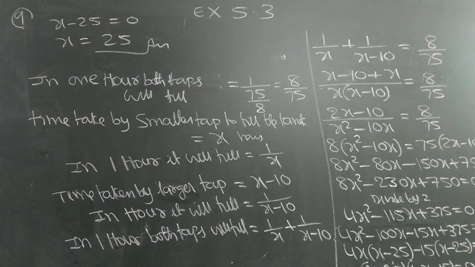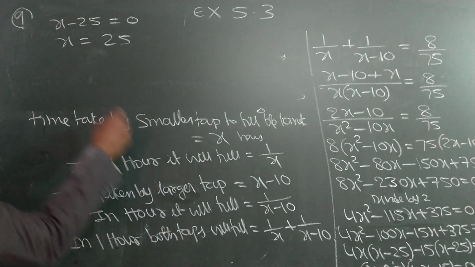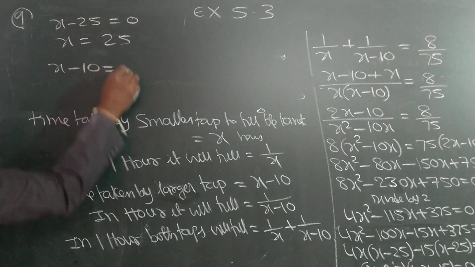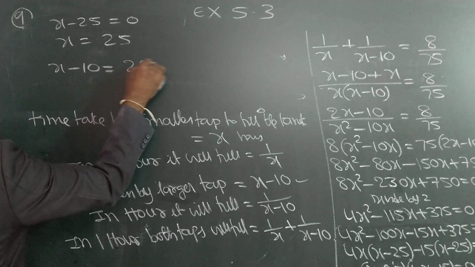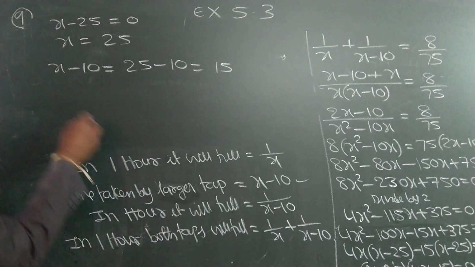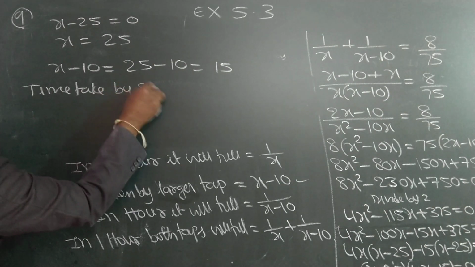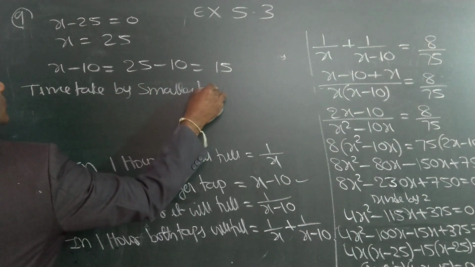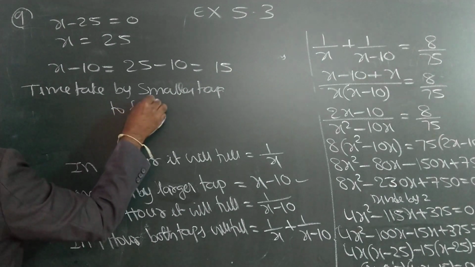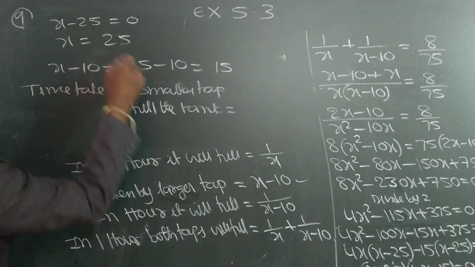Right, students. What is the question actually? Find the time in which each tap can separately fill the tank. So see here, x is equal to 25 and the second tap is x minus 10, so 25 minus 10 is 15. Therefore, the time taken by the smaller tap to fill the tank is nothing but x. x is 25.